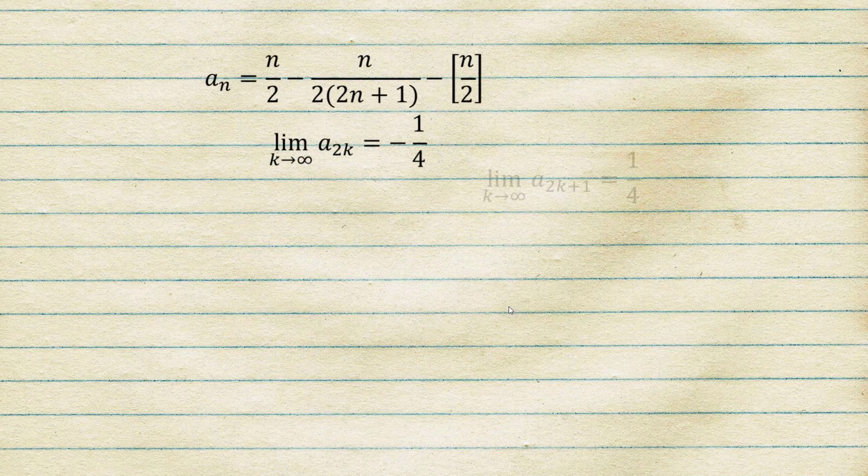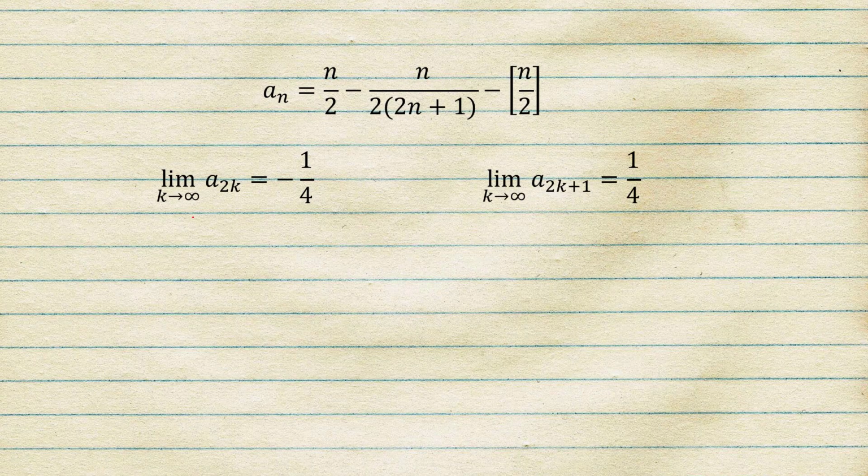The limit for even numbers is -1 over 4, and for odd numbers it is 1 over 4. Two different numbers, so the conclusion is that sequence a sub n is not convergent and diverges.